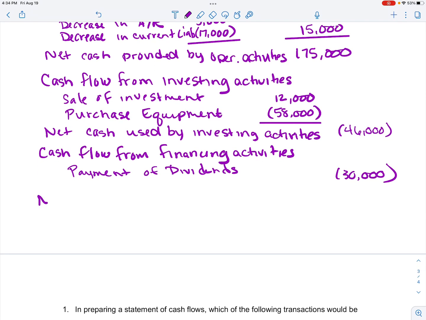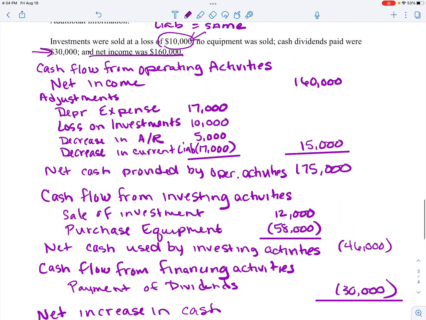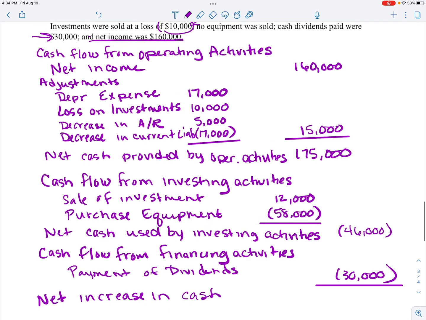Now we can list out by looking at every section, each of the 3 sections, we have an increase in cash. I get this by looking at my net cash provided by operating activities. I should probably scooch this over.